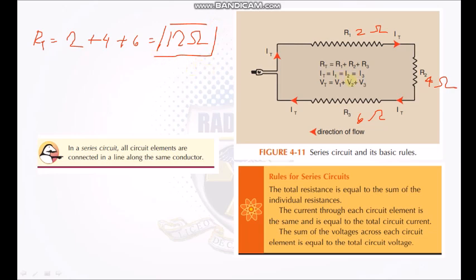And then you have IT, let's say IT, that is the total intensity. So I1, for example, you have I1.